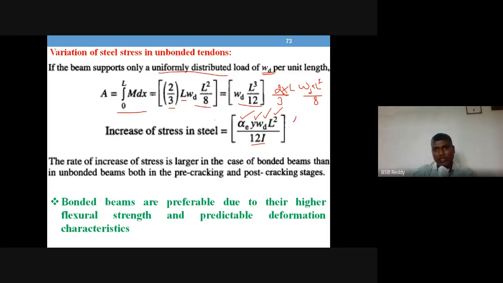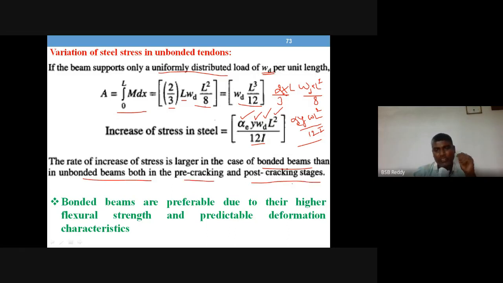So alpha suffix e, y, w, L square by 12I is the formula for finding the increase of stress in steel.